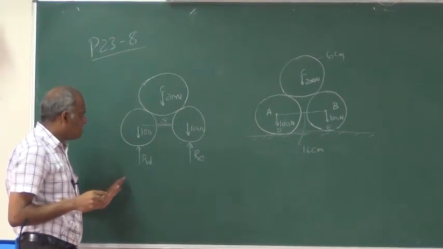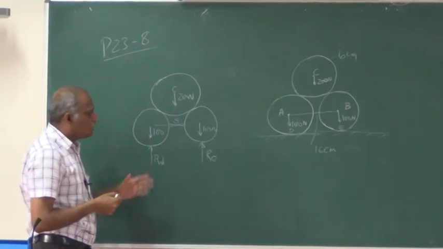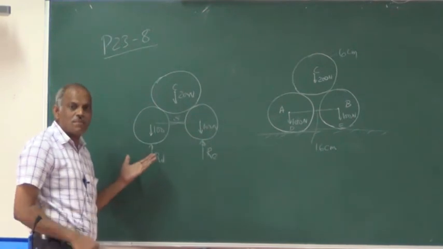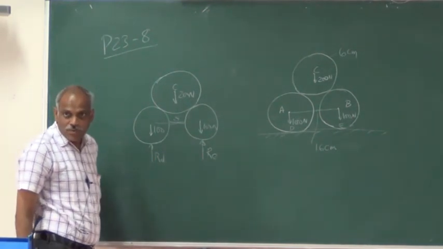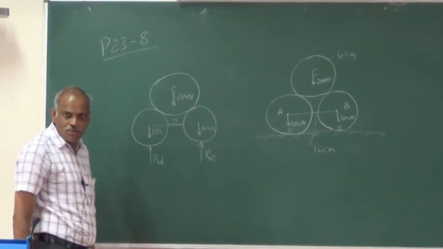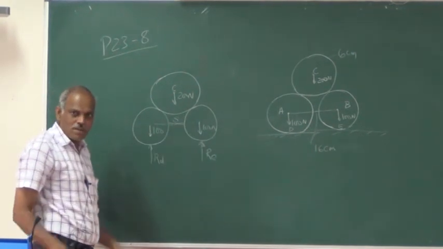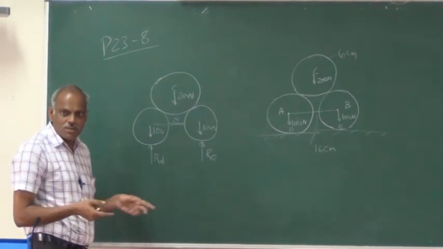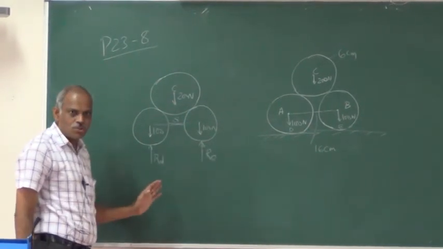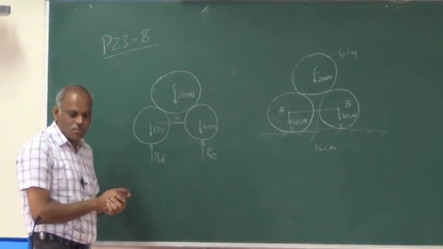Now with this you can first ask a question whether it is a system of concurrent forces. If you think of this as a system, it is not, because these are vertical forces, they will never meet and reach a point of concurrency. So you cannot say that if the force polygon is closed, then that is the necessary and sufficient condition for the system to be in equilibrium.